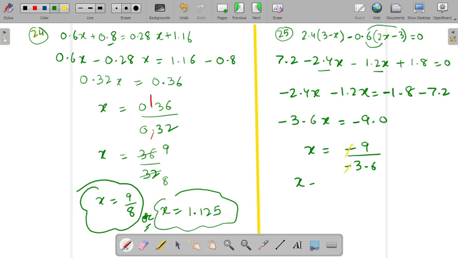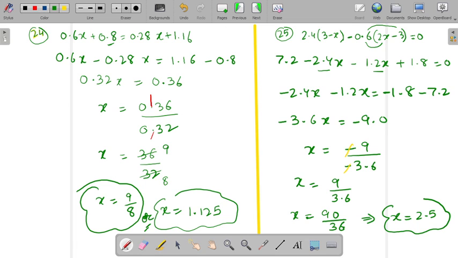So you will have x equal 9 upon 3.6. Now remove this decimal. So this will be 90 upon 36. Now what will be your next step? You can convert it in the decimal form. So if you convert it in the decimal form, you will get x as 2.5 as the answer.